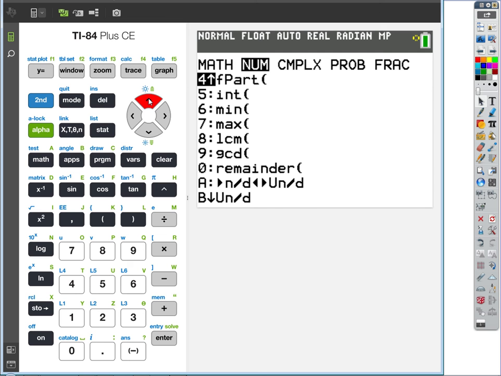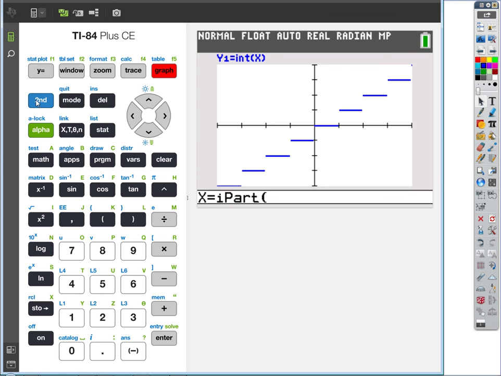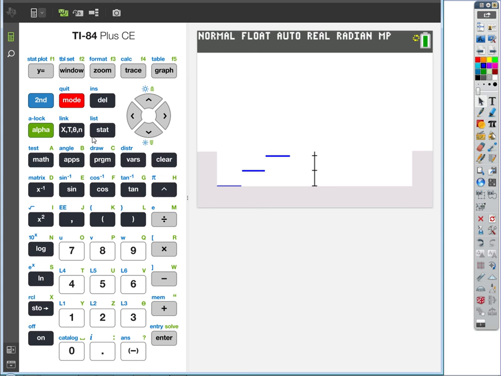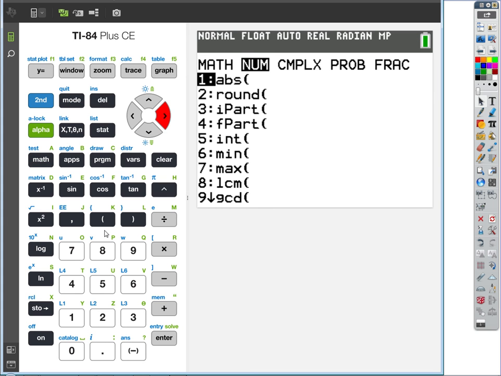No, that wouldn't be it. Huh. Let's try. Just want to try something. Oops, I want to get out of graph. So let's try this again. Math, integer part.